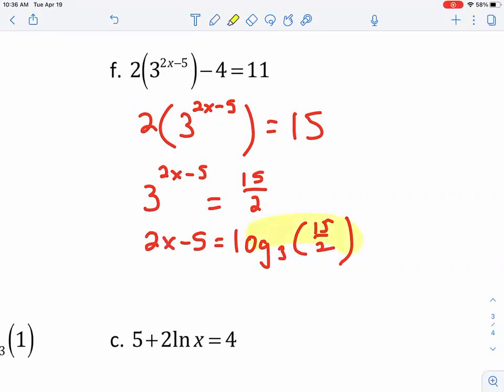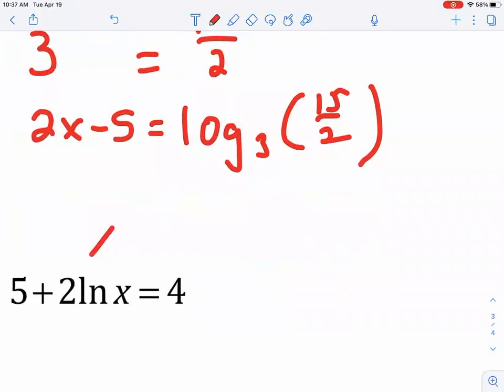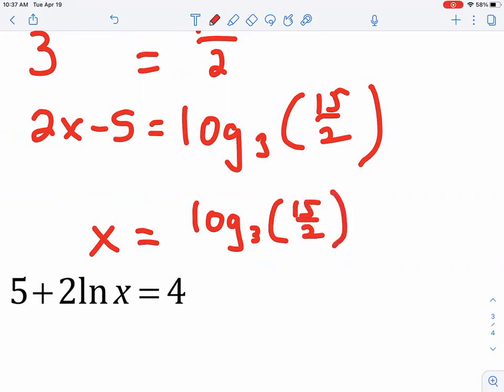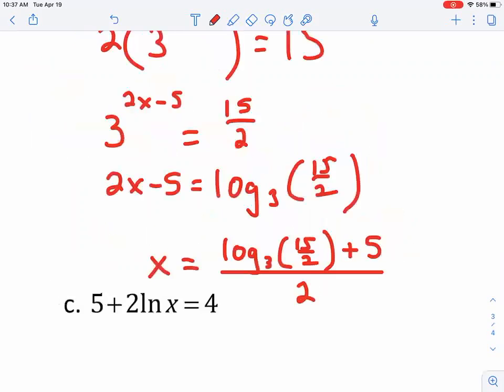Okay, remember this whole thing is just a number. So to solve for x, because this is just a number, I'm going to move the 5 over and divide by 2 to the other side. So that means that x equals log base 3 of 15 over 2 plus 5, all divided by 2.